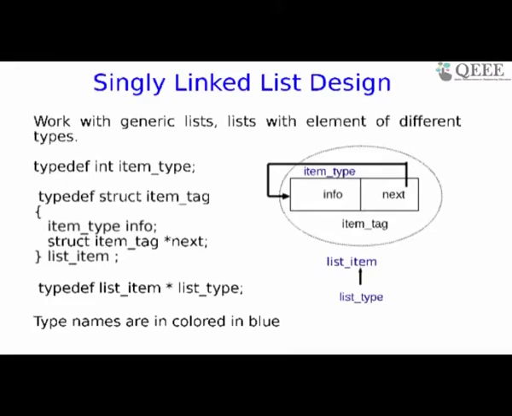I'm going to skip some slides and let's concentrate on slide 46, which is essentially an implementation of what I did on the paper so far. I assume you are familiar with typedef. So the first typedef says, for us, just a single integer will be treated as item type. So when I say item_type, it's in this implementation a single value.